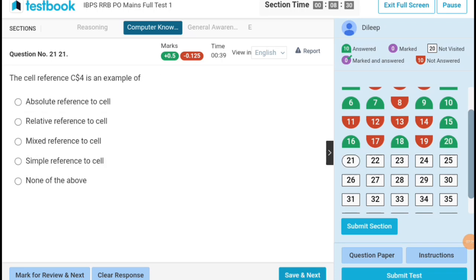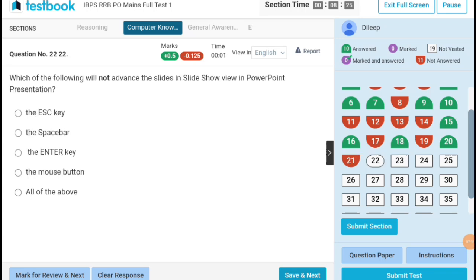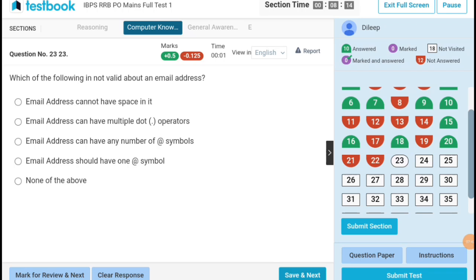Tools. Which of the following will not advance the slide in a slideshow? Which of the following is not valid about an email address?